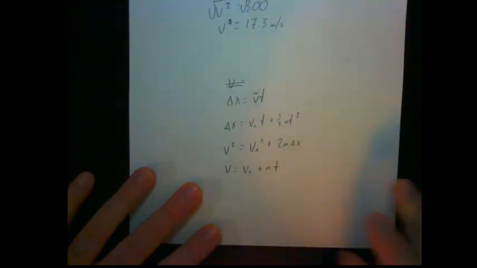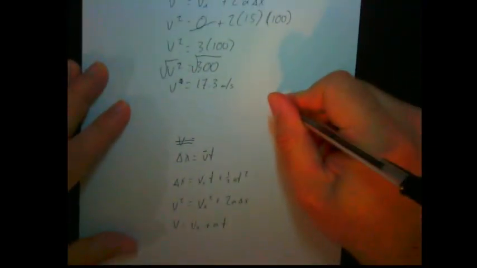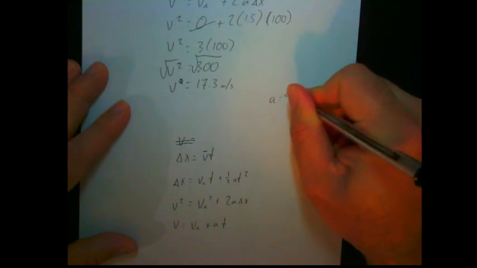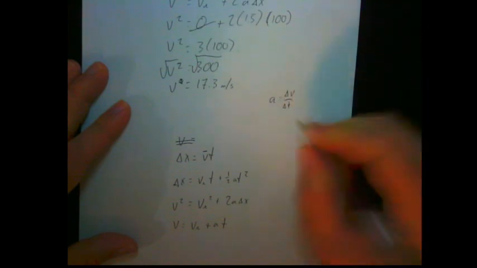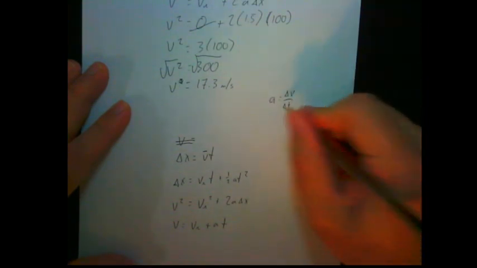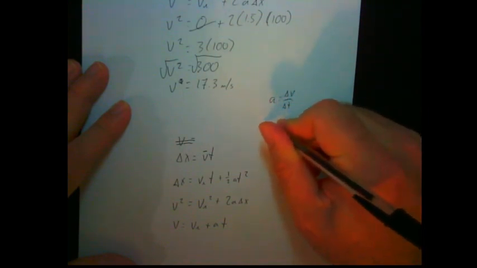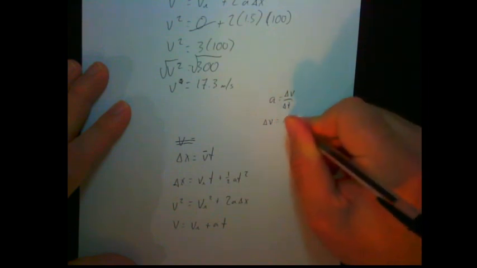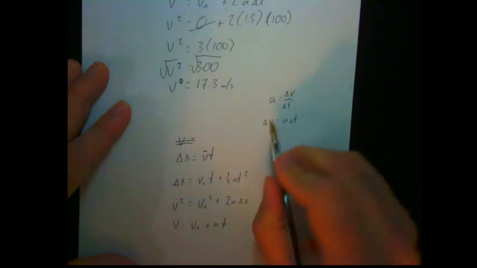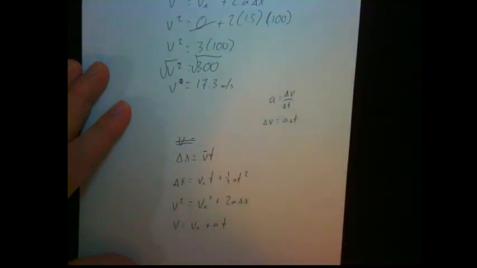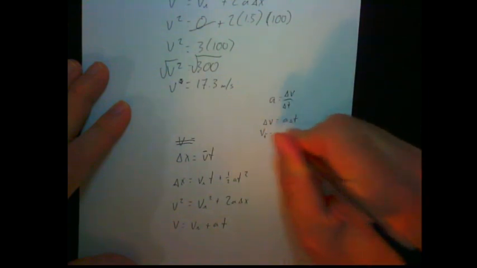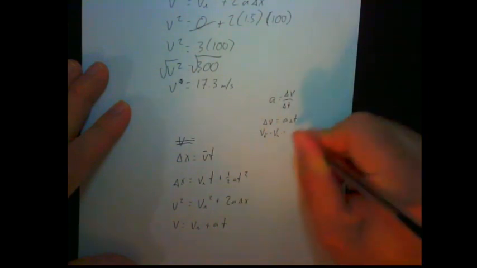Where did this come from? Acceleration is change in velocity over change in time. Multiply both sides by time, and we get that delta v equals a delta t. Now let's break that delta apart into vf minus vi, because that's what delta is, equals a delta t.